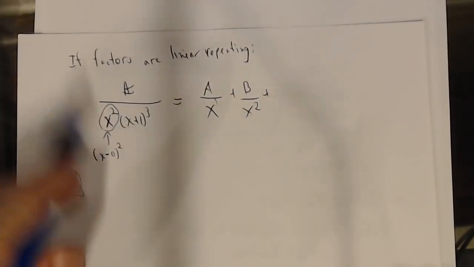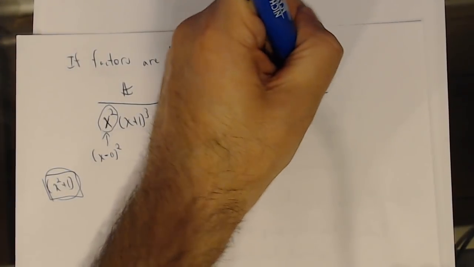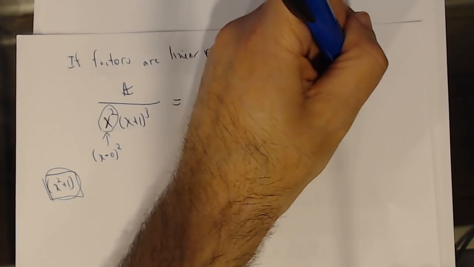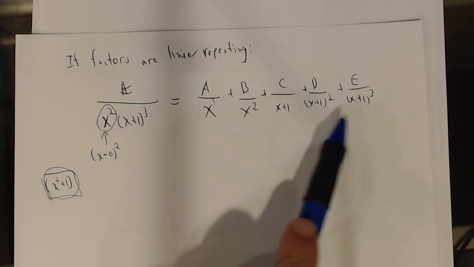And then I'm sure you could guess how the x plus 1 cubed would look, because that would be c over x plus 1 plus d over x plus 1 squared plus e over x plus 1 cubed. And once again, why do I care about x plus 1 squared and x plus 1 cubed?